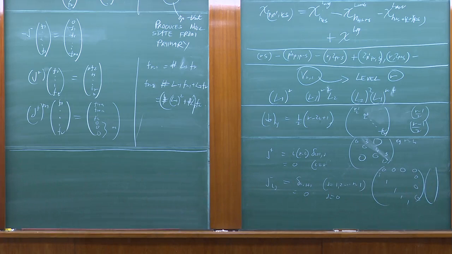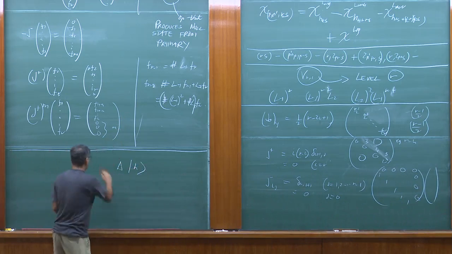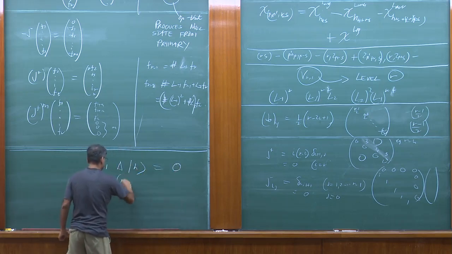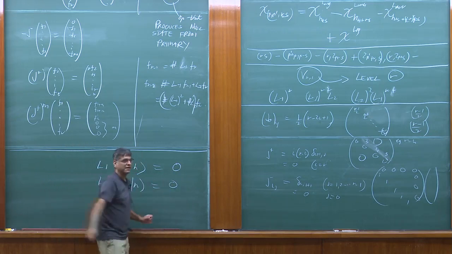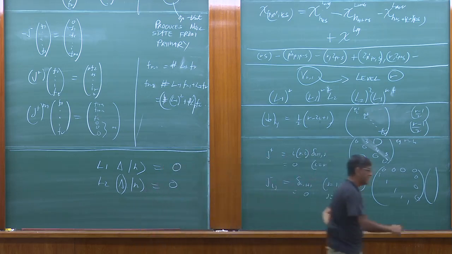What we have to do is actually look at the construction, which is delta on H, the primary. We want to show that L1 on this is equal to 0 and L2 on this is equal to 0. The way we're going to do it is along the lines of what Chintan suggested. We're going to construct not just L0, but we'll construct the states chi r minus 1, chi r minus 2, and so on.